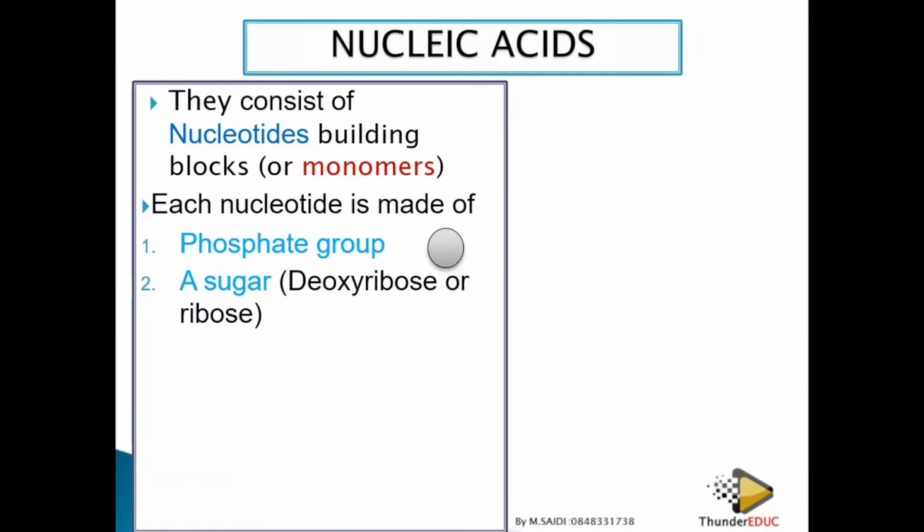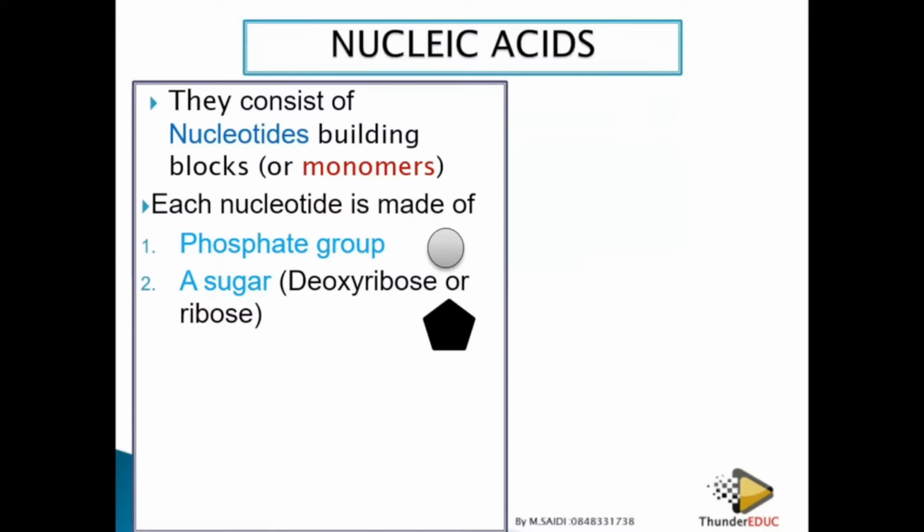You will study these sugars more when you go to university. Because this sugar has 5 sides, this kind of sugar is called a pentose. Penta means 5.